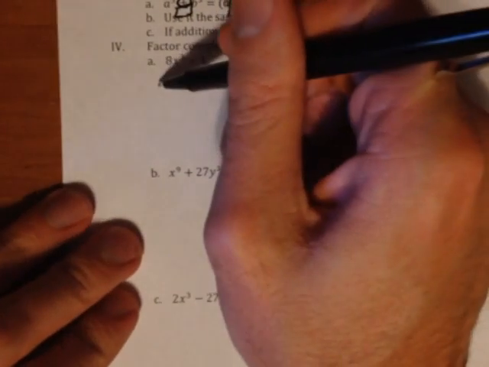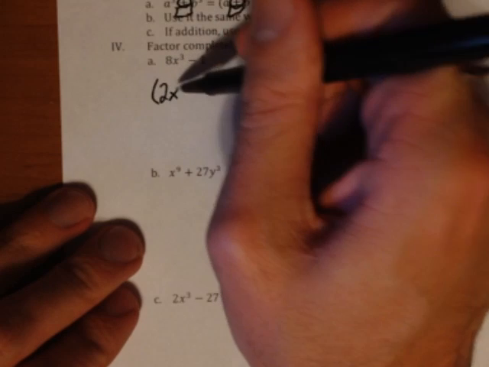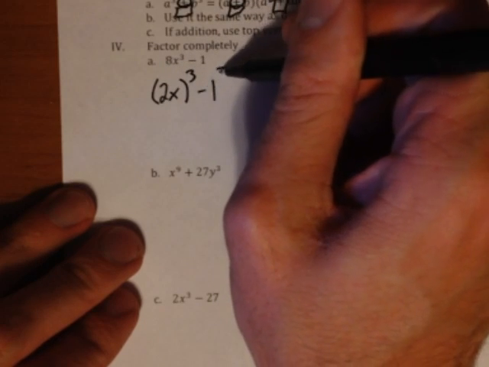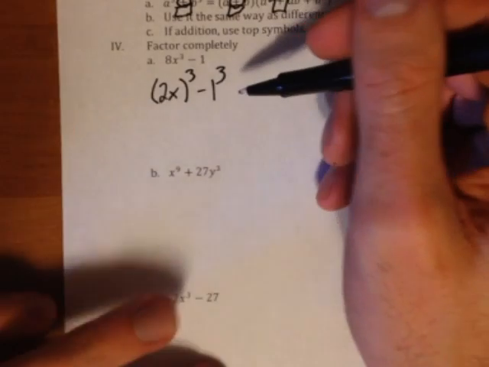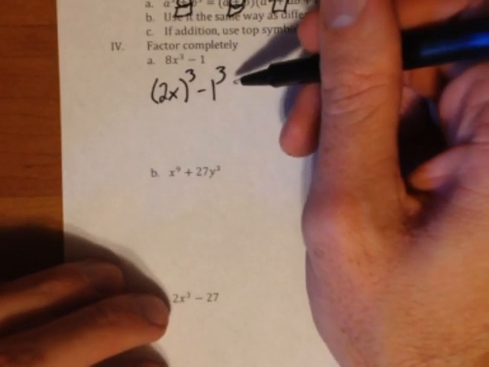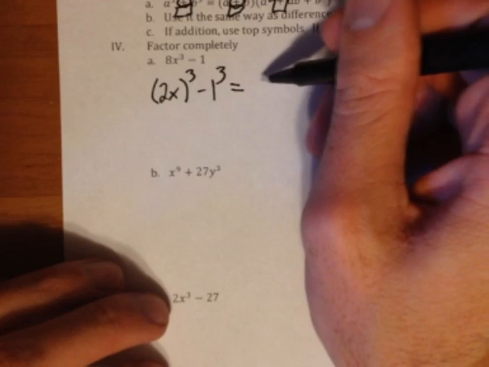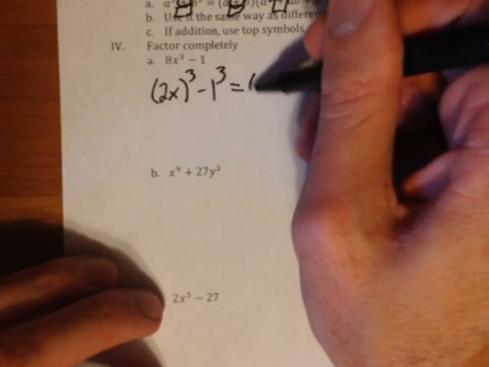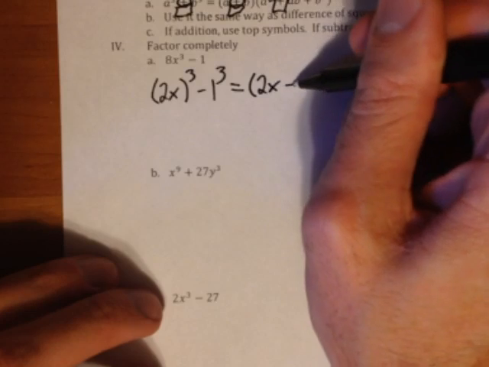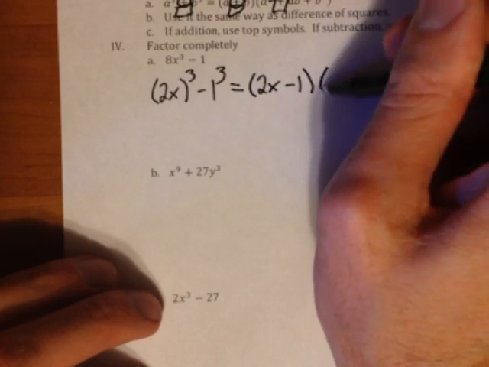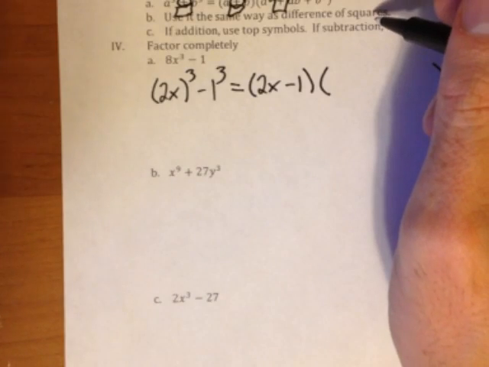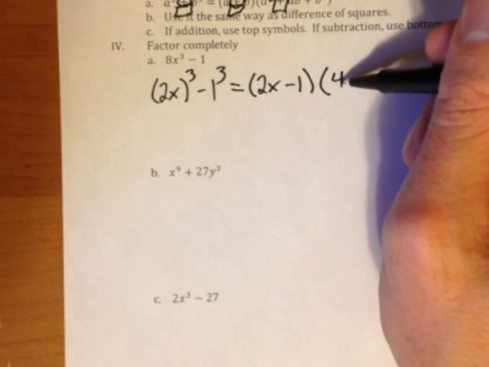We could rewrite 8x cubed as 2x times 2x times 2x, or 2x cubed. We could rewrite 1 as 1 cubed. So my a is 2x, and my b is 1. So I can rewrite this. I'm using my bottom symbol since it's subtraction, a minus b, 2x minus 1, times a squared, so 2x times 2x is 4x squared.